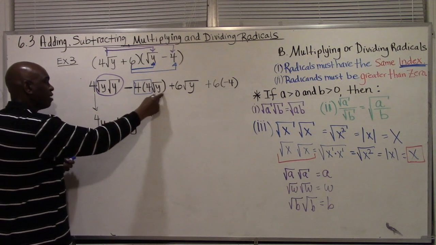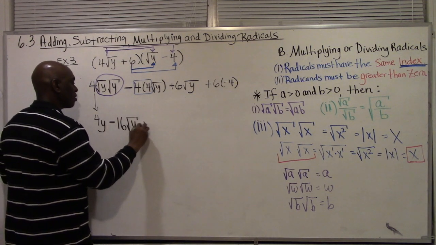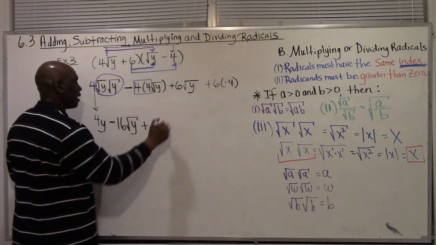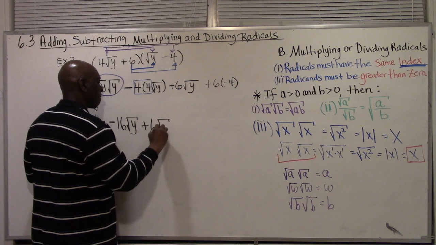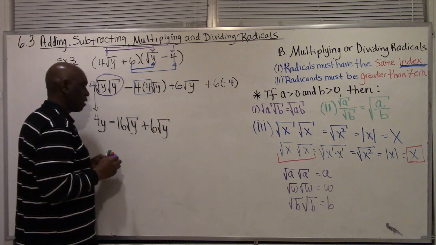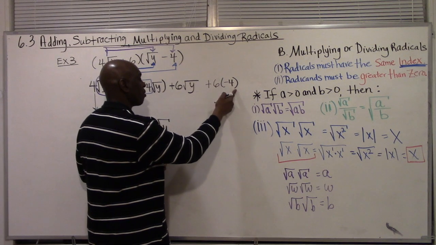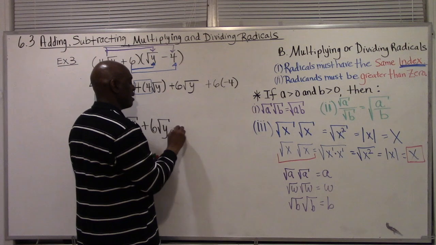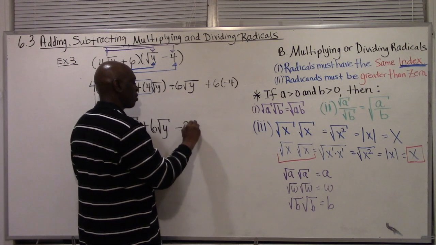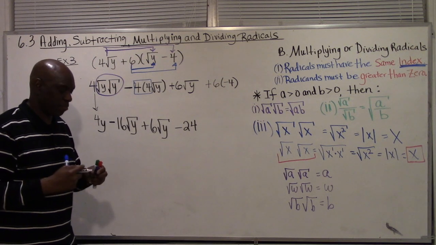The radical y, bring it straight down. Plus 6 radical y. All right, and what is a positive 6 times a negative 4? Positive 6 times negative 4 is a minus 24. We're almost finished with this problem. We're almost there.